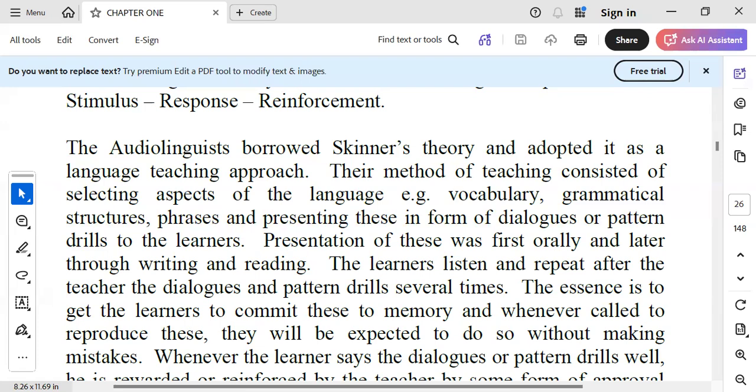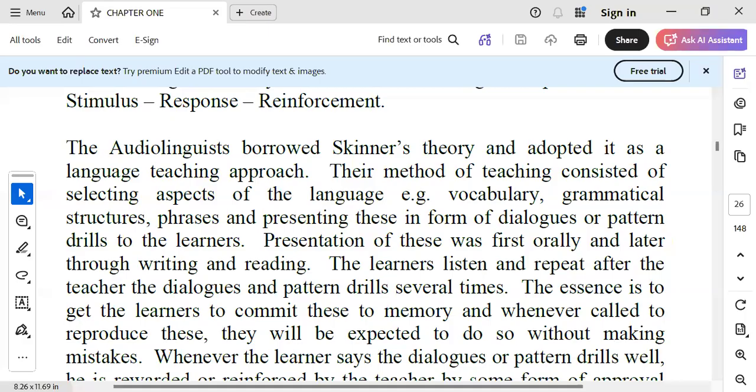The basic idea is that people can learn behaviors through habit formation. That is the basic idea of behaviorism that they were using to teach the audiolingual method. They wanted to mold people's behavior through habit formation.